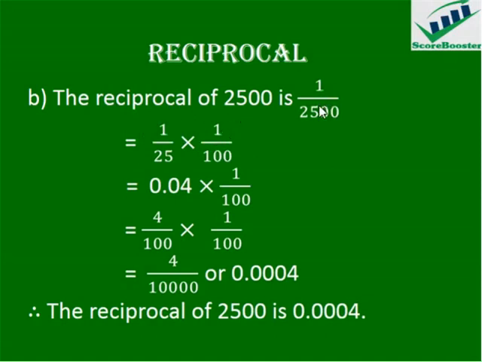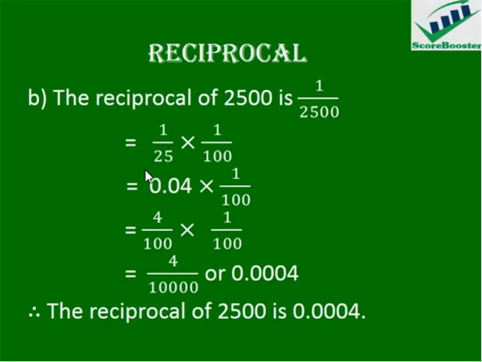So since 1 over 2500 can be split into 1 over 25 multiplied by 1 over 100, we can use the value given at the beginning of the question, that the reciprocal of 25, which is 1 over 25, is 0.04.